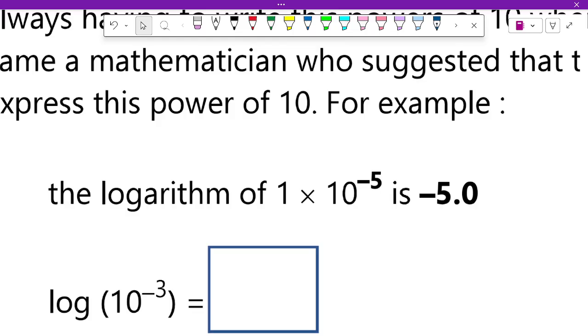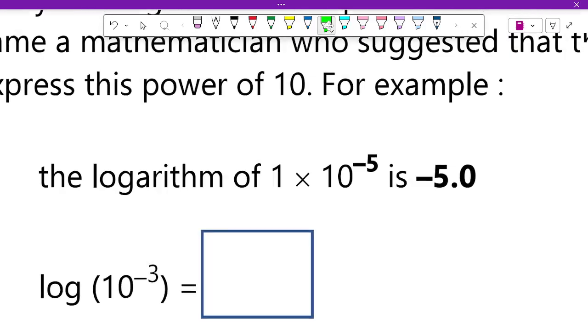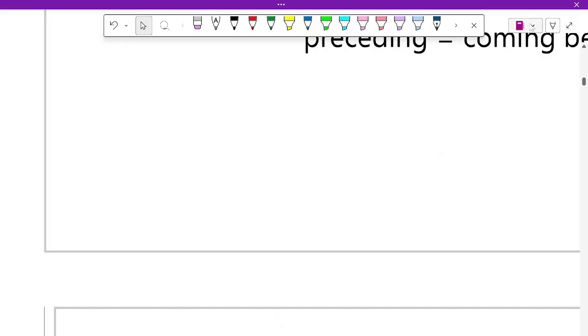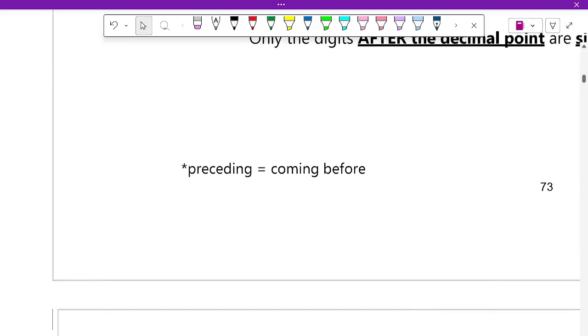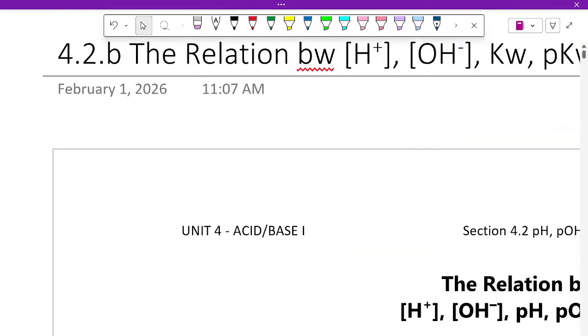So the logarithm of 1 times 10 to the negative 5 is negative 5.0. Why 0.0? Because sig figs. Hang on. I need this over here so that I can press escape. Okay.